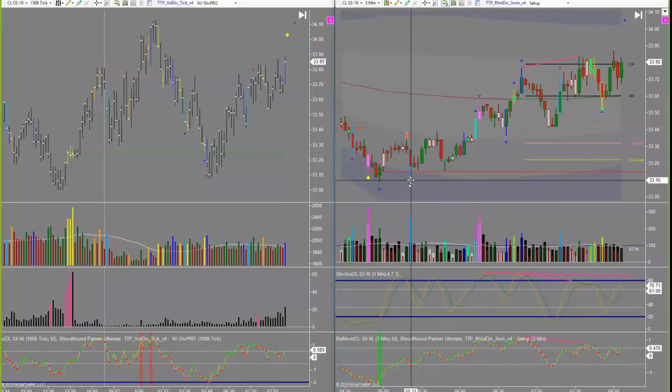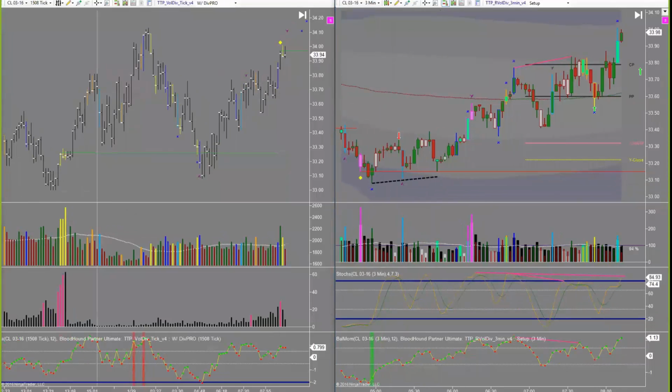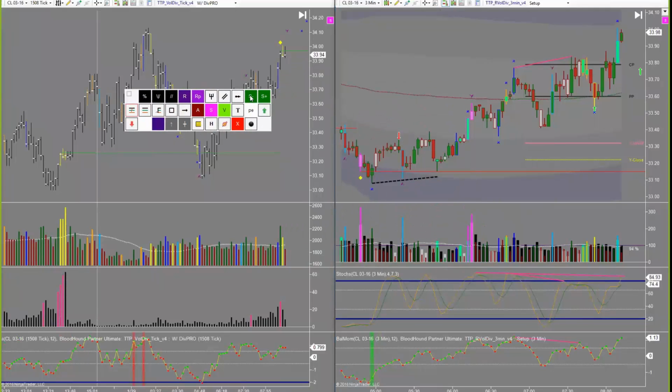So this is volume divergence right here, but you see, it doesn't quite take out this low. That's the problem, and that's why that signal isn't picked up. When I build out the volume divergence signal in the actual indicator itself, that will be included as an update for anyone that owns the Bloodhound volume divergence templates.